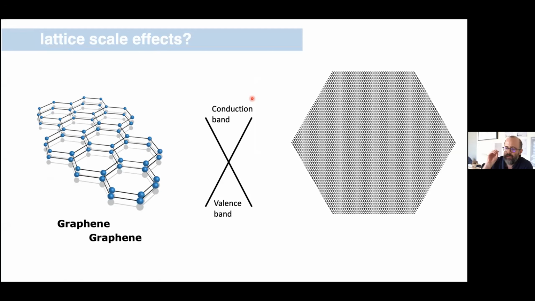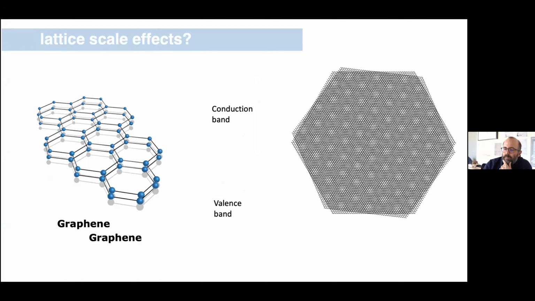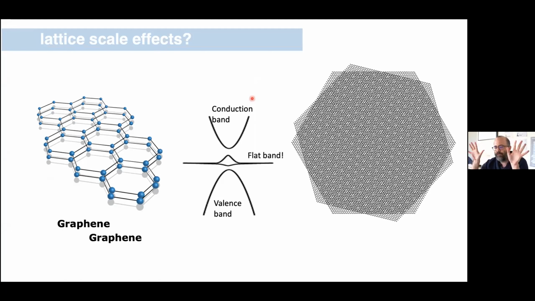One atom is sitting directly on top of the atom below, and you might imagine that electrons moving through the system see a two-layer version of graphene, something like that. But now if I twist graphene one to the next, now what happens is in the two-dimensional space, I get a moire pattern because now these lattices are not rotationally commensurate anymore.